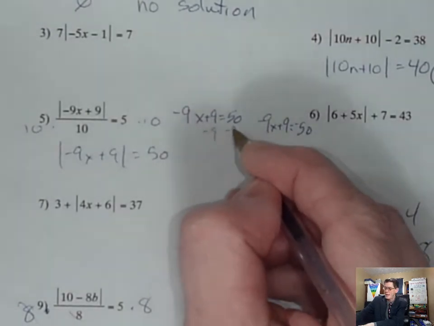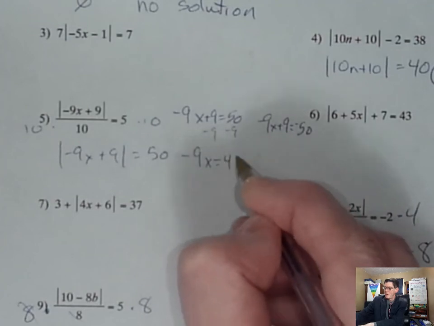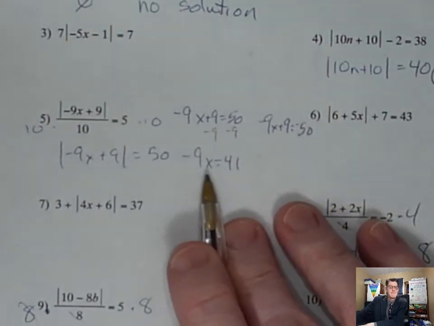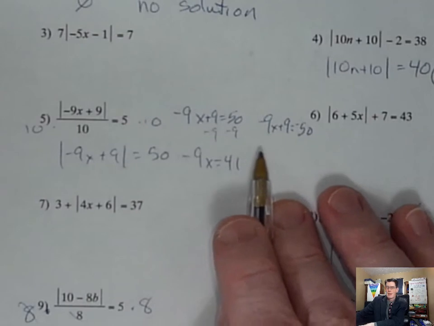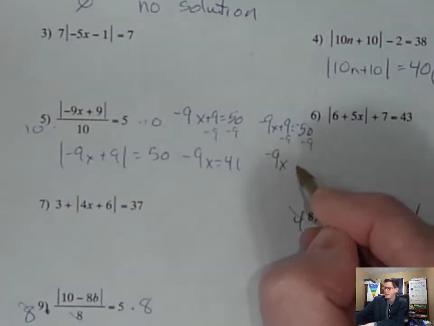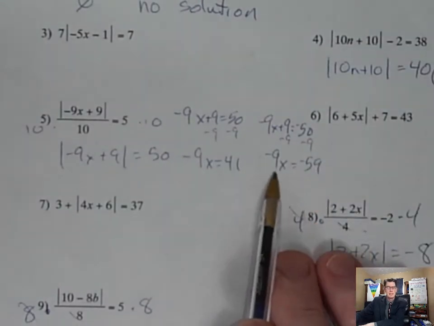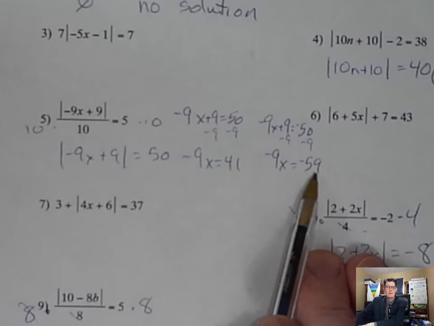Okay, subtracting 9 from both sides, so negative 9x is 41. That looks ugly. Over here, subtract the 9 off, so that negative 9x is negative 59. Again, another one where in my mind I'm not seeing the multiplication table pan out.